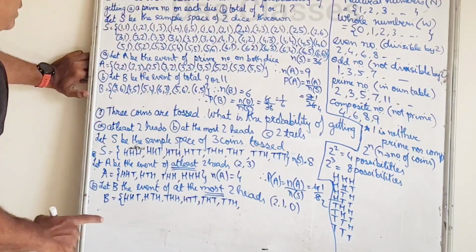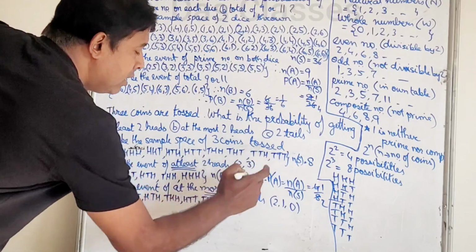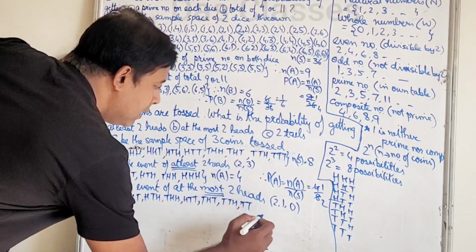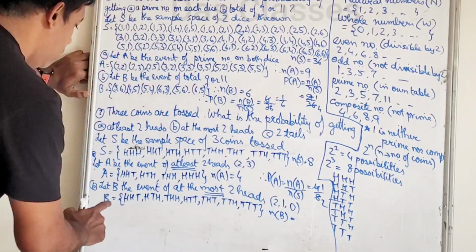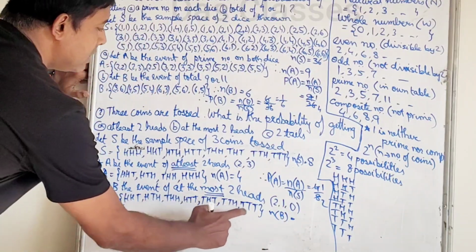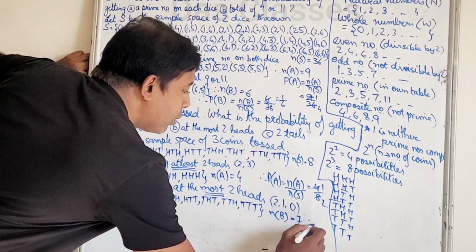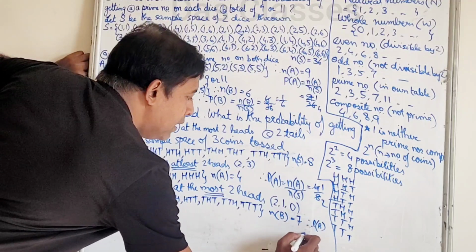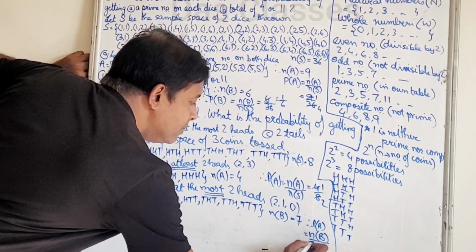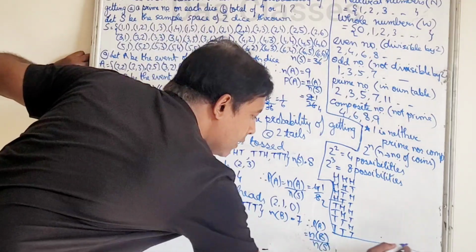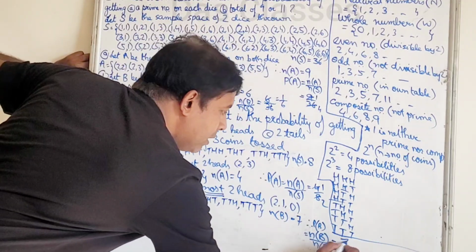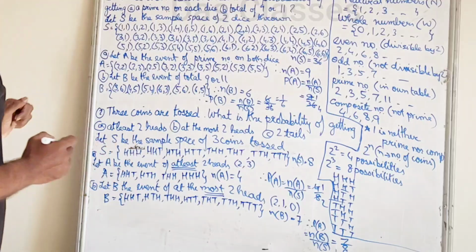These are of 1 head, and 0 heads means no head. This is this one, T, T, T. So the number of elements in B is going to be 1, 2, 3, 4, 5, 6, 7. So 7. Therefore, probability of B would be NB upon NS, that is going to be 7 upon 8.